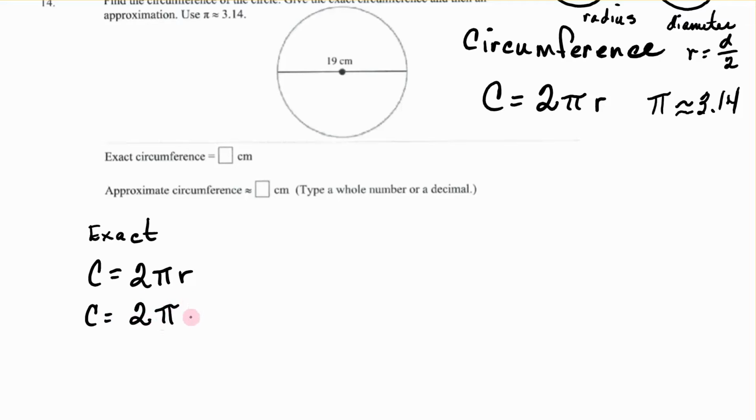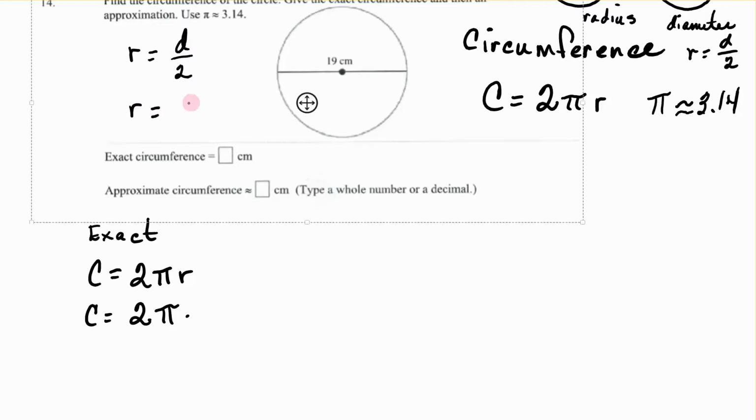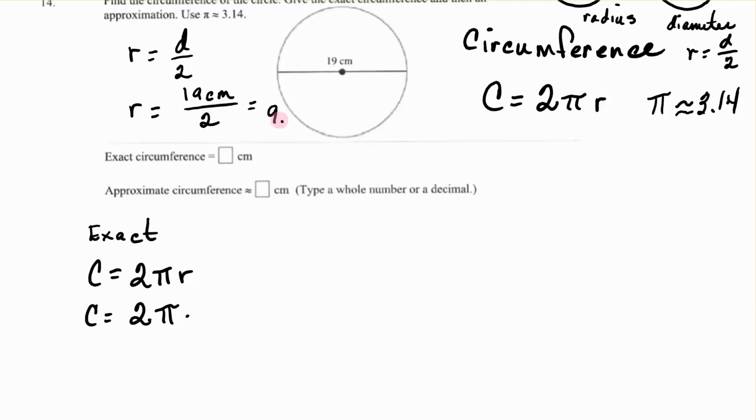The radius, well, let's see. I don't have the radius. I have the diameter. But I remember that the radius is the diameter cut in half. The radius is 19 centimeters divided by 2. It is 9.5 centimeters. We just found from here out. It is half of that 19.